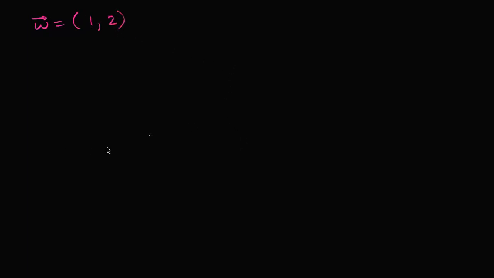And I could draw it if I like. Actually, that's a good idea. It's always nice to be able to visualize these things. Let me get a coordinate axis here. So that's my x-axis. That is my y-axis. And so if I were to draw this vector in standard form, I would put its initial point at the origin, and then its terminal point would be at the point 1, 2.